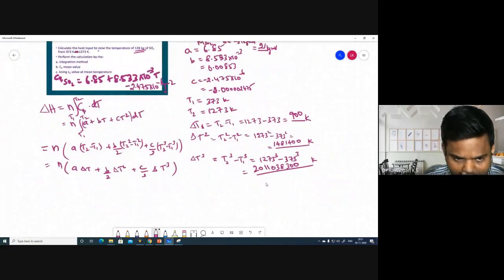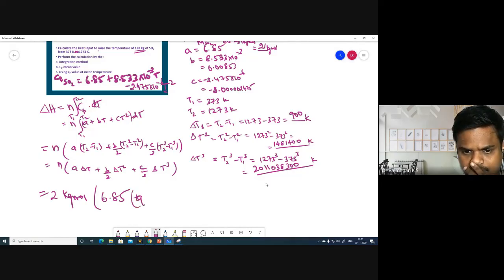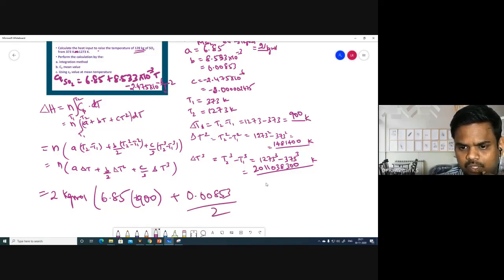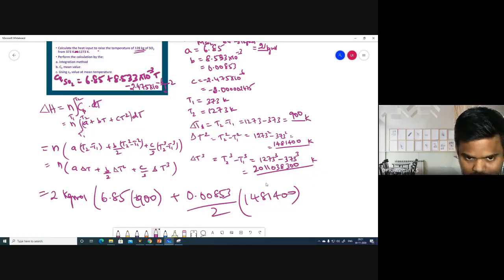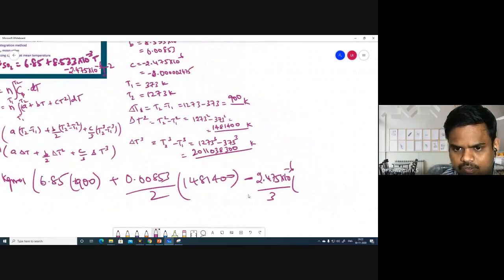Okay, so we can substitute N equal to 2 kg moles into A value 6.85 into delta T value 900, plus B by 2, into delta T square value 1481400, and C value is minus 2.475 into 10 power minus 6 divided by 3 into this value.